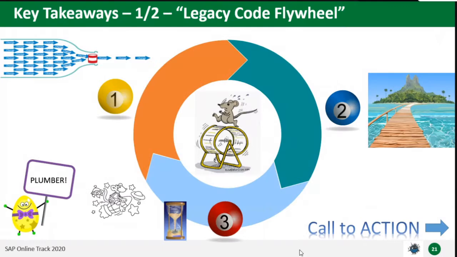Moving on to the summary section of this, I want to talk about the legacy code flywheel. The flywheel is something that spins faster and faster. In this case, you make your change, or several changes, using the methodology I've just described, and moving the code into the island. So the more changes you make, the more code goes into the island.